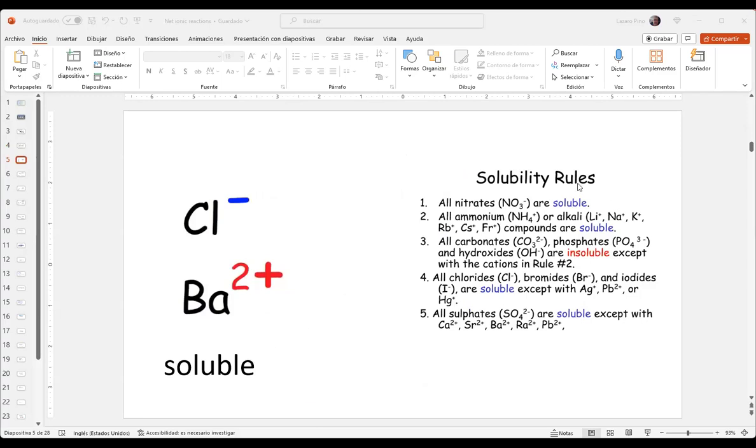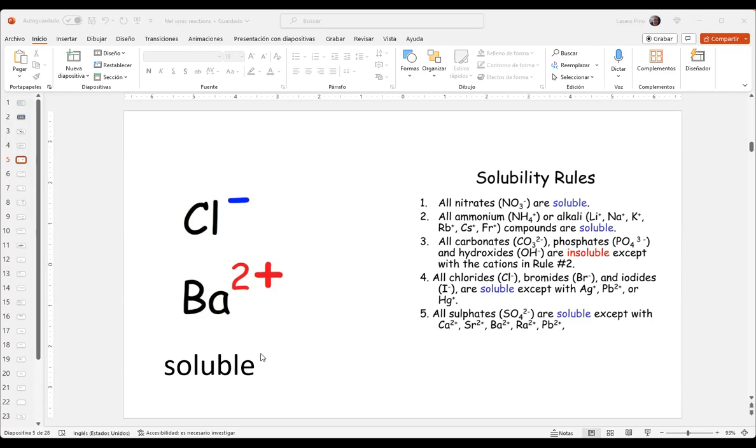Well, based on all these rules, we can see this anion and this cation, and we can say if they make a soluble compound or not. Well, chlorides, let's see, all chlorides are soluble except for these cations. Oh, this is not the case.